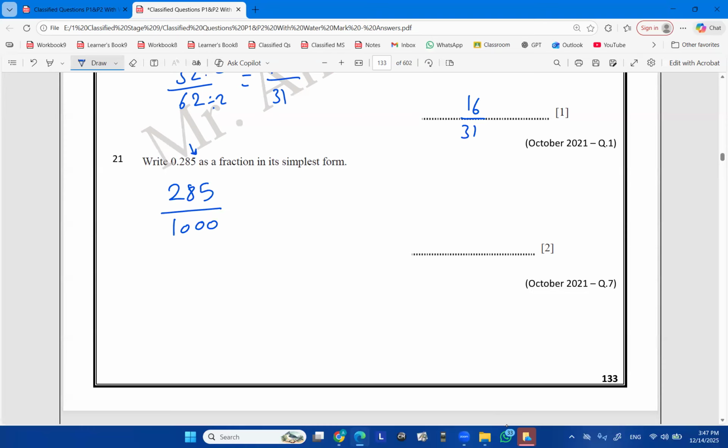But I need to simplify this, I need to write it in the simplest form they requested. So divide by 5, and that gives you 57 over 200. And this is going to be the simplest form, 57 over 200.